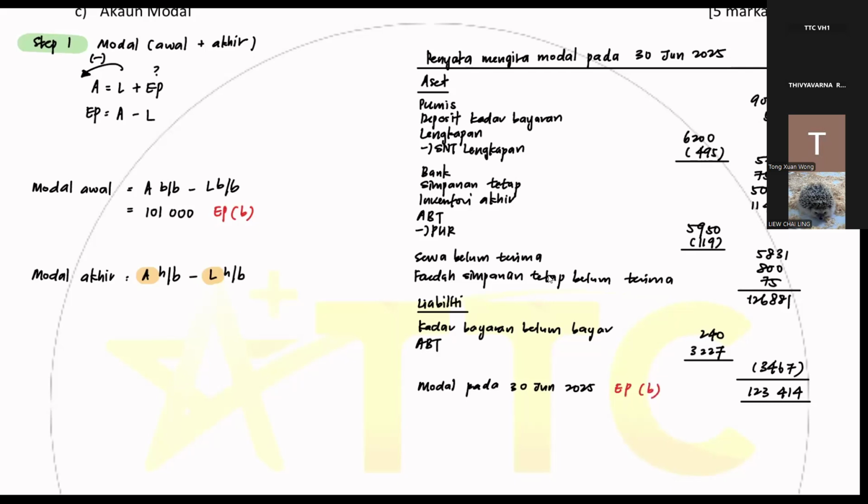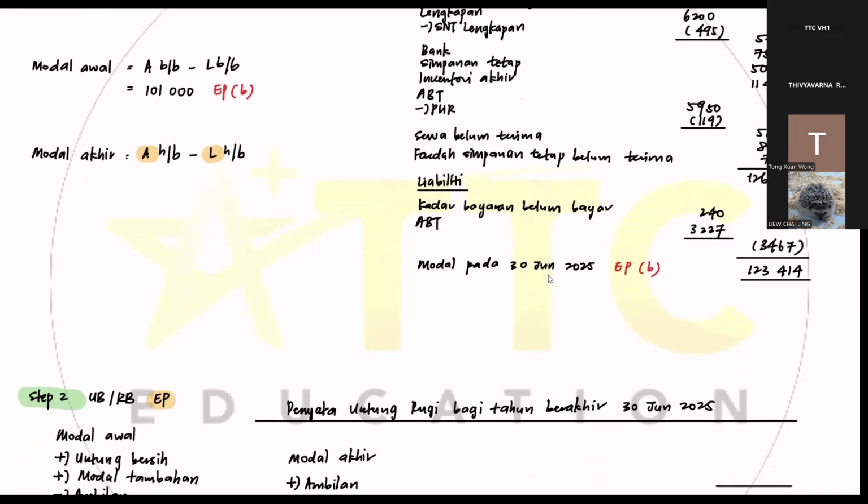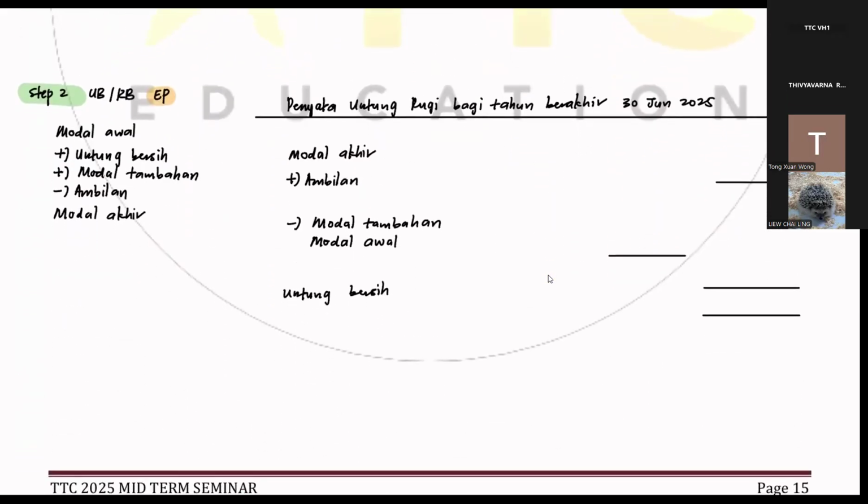Then how you fit into the format for pernyataan mengira untung rugi? Okay, remember previously when we in PKK, we will prepare the EP format starting by modal awal, add untung bersih, add modal tambahan, minus ambilan, then end by the answer modal akhir, right? But now, untung bersih is missing.